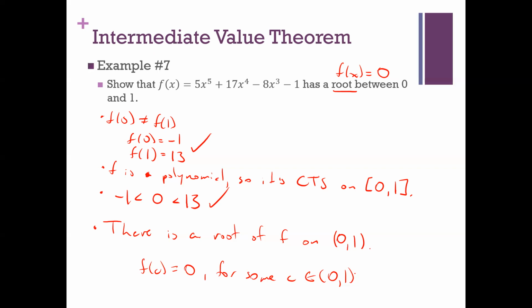By the same logic, I also could have proved to you that the function equals 10 somewhere on the 0 to 1 interval. So we use it to prove that a root exists, but really I could also say that any number between -1 and 13 has to exist for this function on the interval.